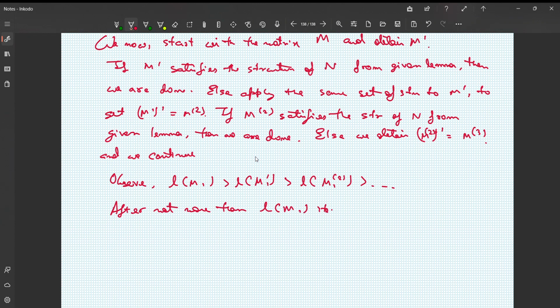After not more than L(M1) iterations, we have a matrix, say Mk, which serves as required by the lemma.